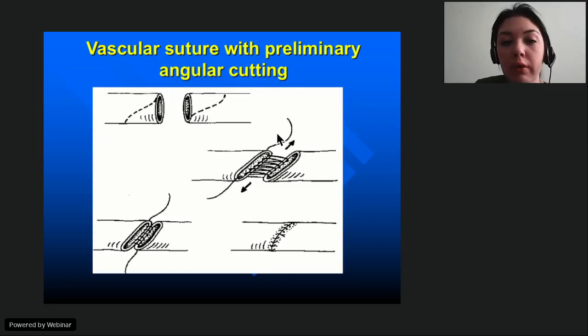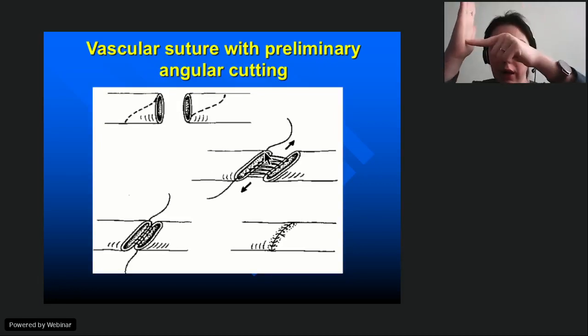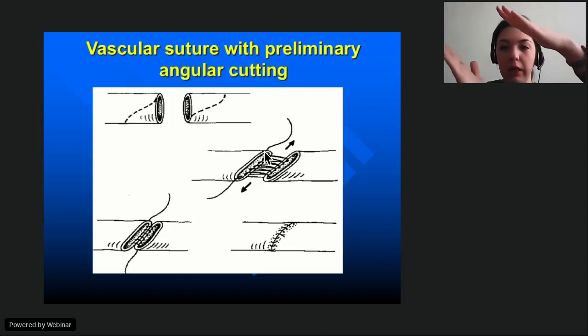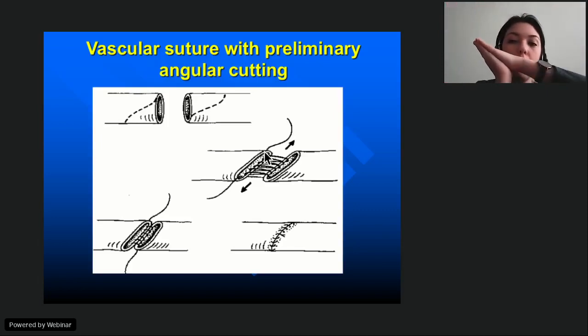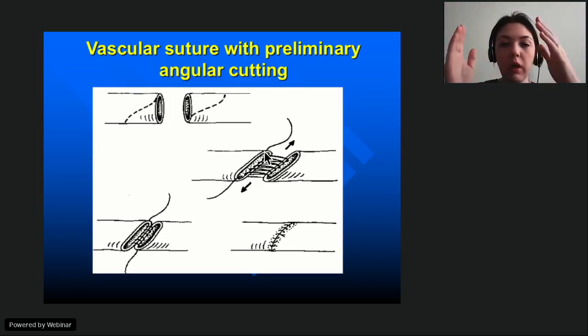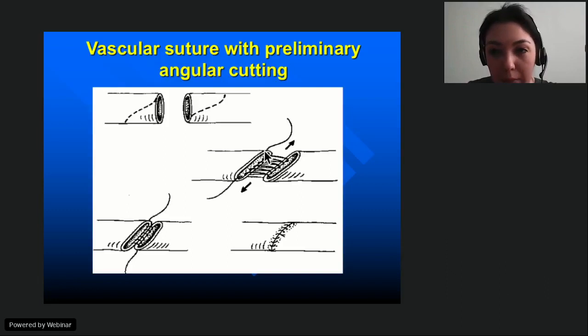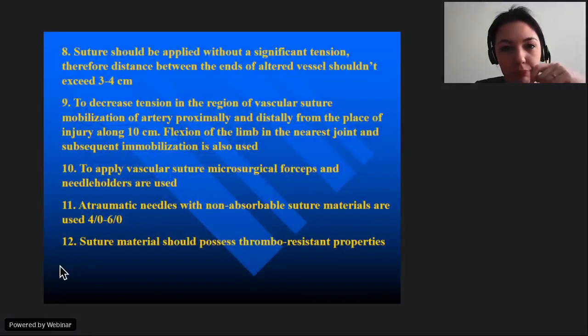That's why, to avoid narrowing of the lumen, we use a hypotenuse. We make angular cutting, and in angular cutting this hypotenuse is always longer than this. And despite the fact that some part of the tissues will be taken by the suture, we will not narrow the lumen. That is the rule.